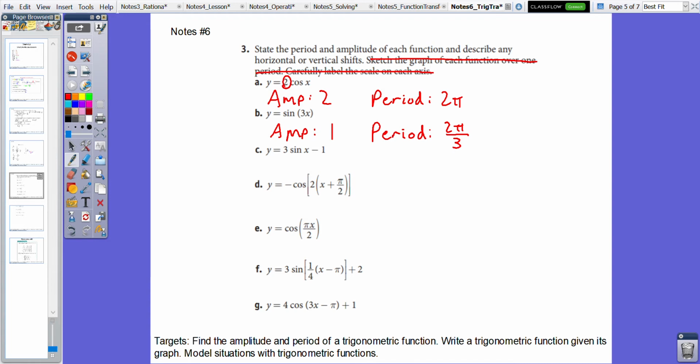Okay. For the next one, y equals 3 times sine of x minus 1. For this one, once again, we have a coefficient in front of my sine. That means my amplitude changes. It's going to change to 3 because we look at the absolute value. No coefficient on the x, so my period's still going to be 2 pi.